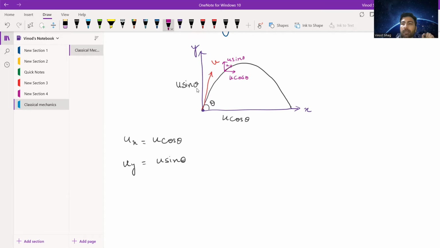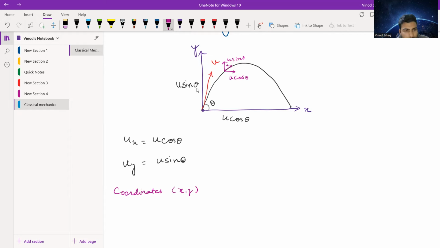So first of all, we will use Newton's second equation of motion, because we are going to find out the coordinates of that projectile at a time t. Okay, so at this point, for example, the coordinates will be x comma y.